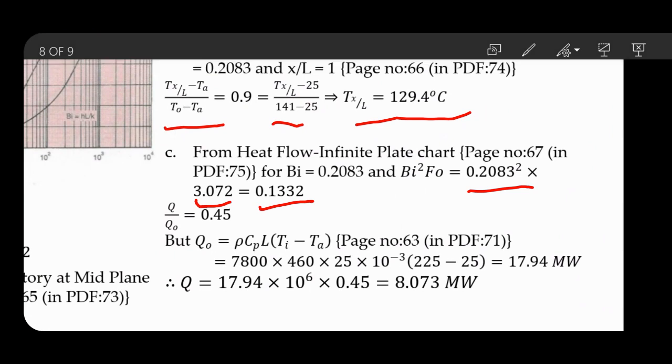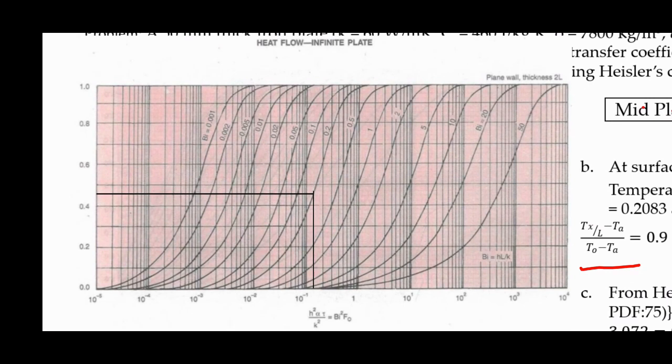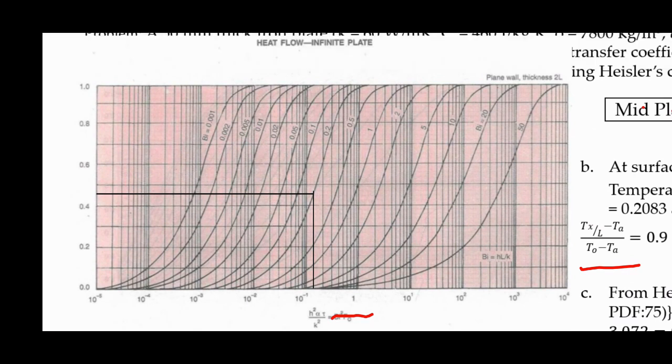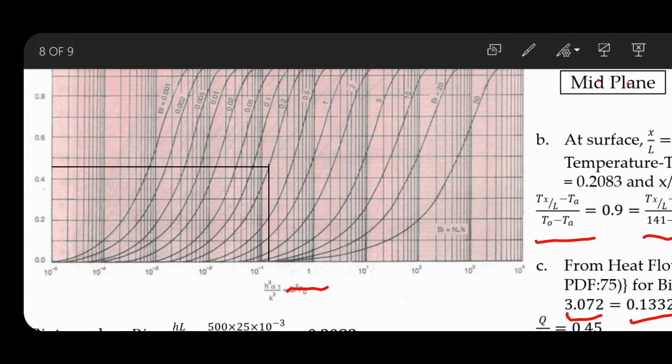So now I will go to the chart. In the chart, in the x-axis we have Bi squared into Fo. I had a value of 0.1332. Here we have 0.1 and the next will be 0.2.